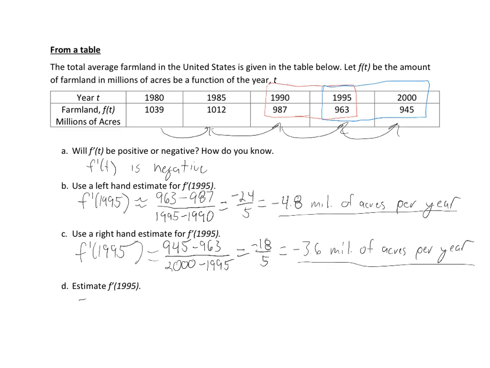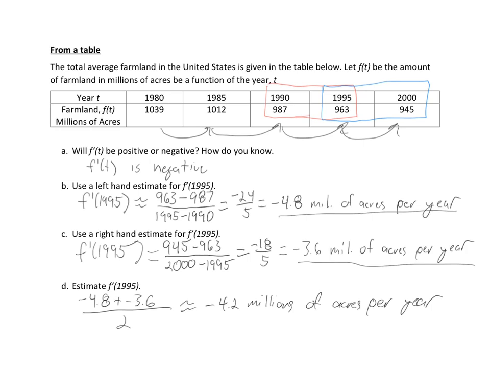So I would take the average of them, negative 4.8 plus negative 3.6 over 2. And I would estimate that the actual derivative is negative 4.2 millions of acres per year. And that's really about the best that I could do.